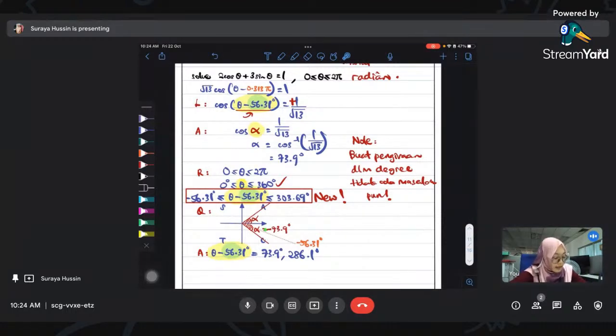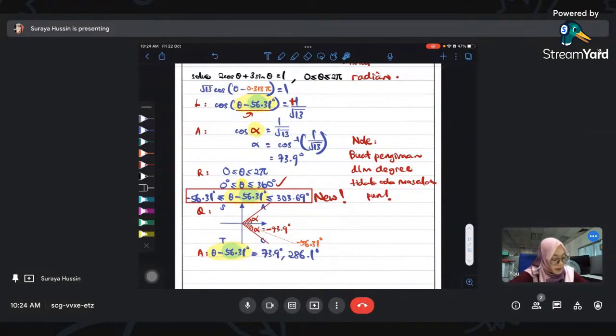Okay, so no need. So dekat sini memang kena pandai baca lah. Kena pandai baca range baru kamu. Okay, kena pandai baca range baru bersama kuadran di sini. Sebab kadang-kadang you memang akan tertinggal beberapa jawapan. Tertinggal ataupun tertambah. So that is the things that hopefully we can avoid lah.